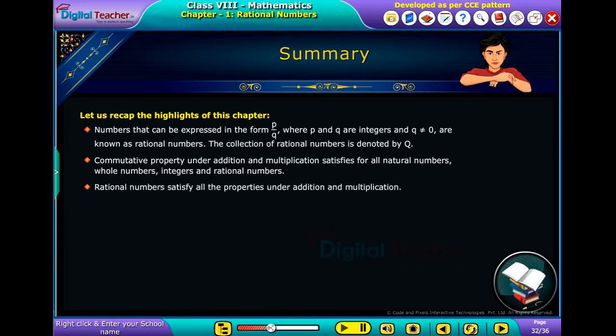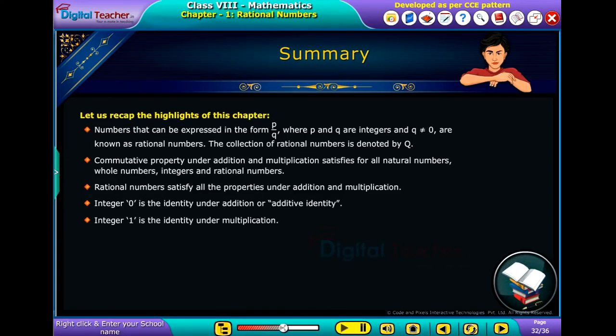Rational numbers satisfy all the properties under addition and multiplication. Integer 0 is the identity under addition, or additive identity. Integer 1 is the identity under multiplication. The multiplicative inverse of a rational number is its reciprocal.